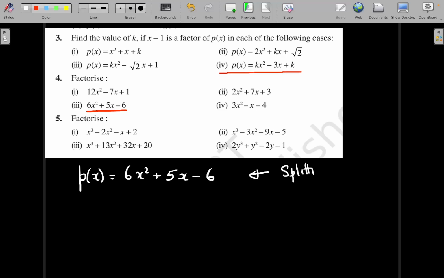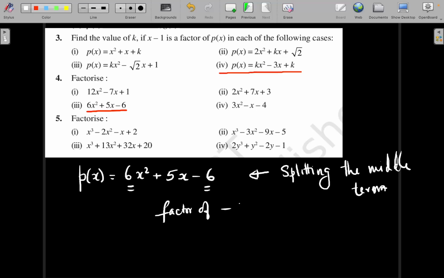So one of the common tactics for quadratic equations is splitting the middle term, and let us see whether I can do this. So here it is 6 into minus 6. So we are looking for factors of minus 36. Now this would mean 9 into minus 4, which is equal to minus 36.